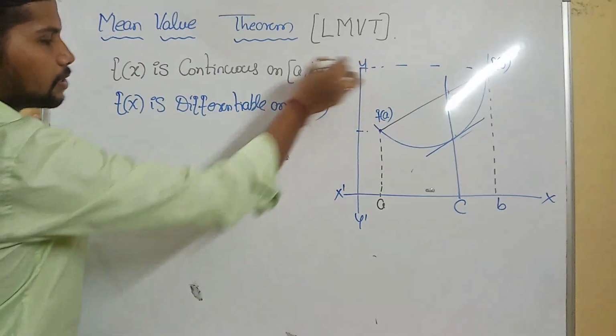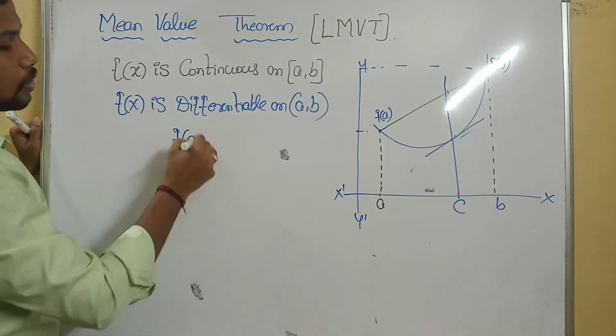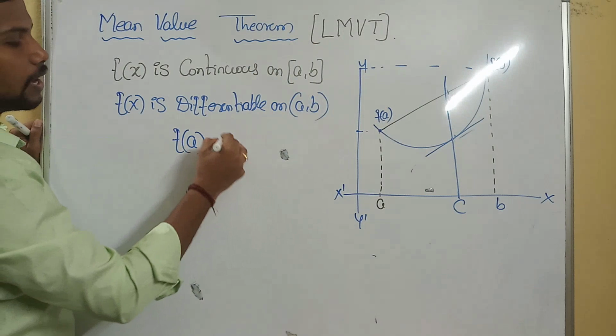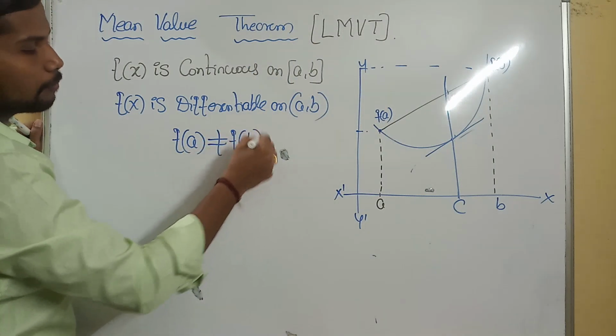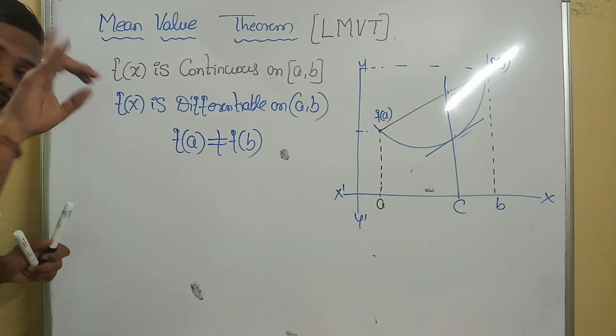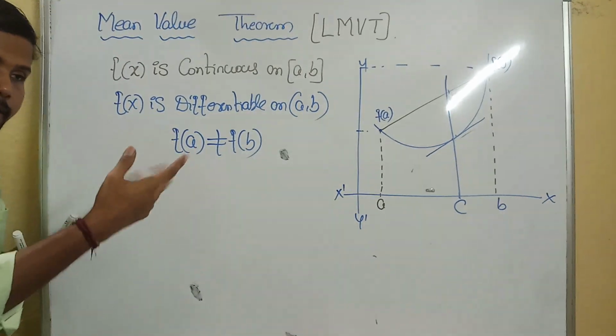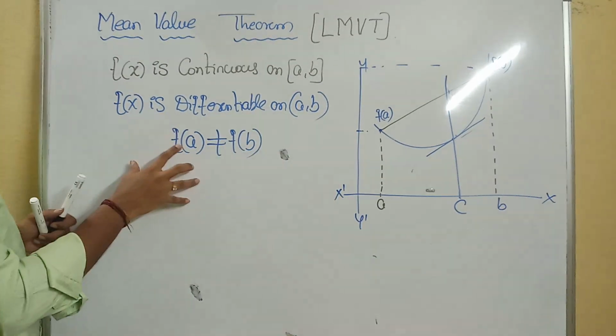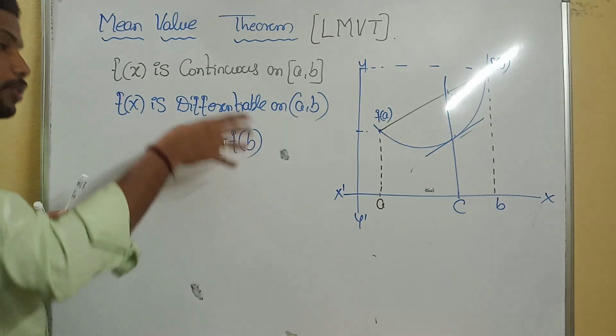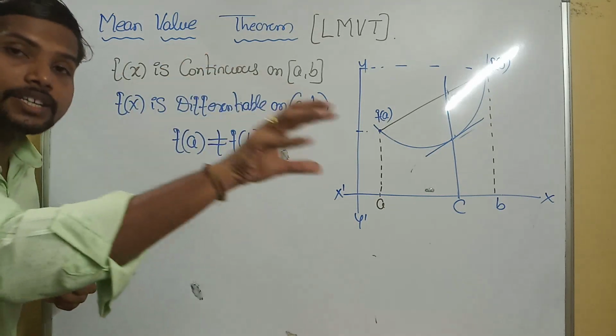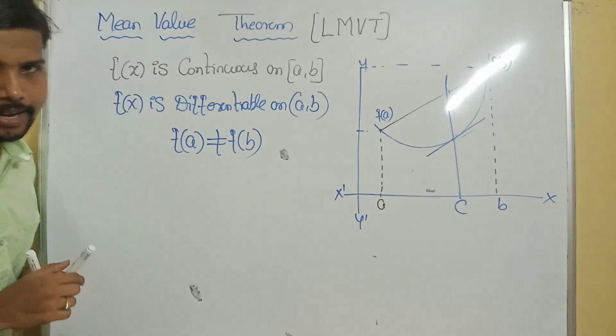Easily you can say f of a is not equal to f of b. What was the condition in Rolle's theorem? In Rolle's theorem, f of a equal to f of b, then Rolle's theorem is satisfied. Here, f of a not equal to f of b, which leads to Lagrange's mean value theorem.